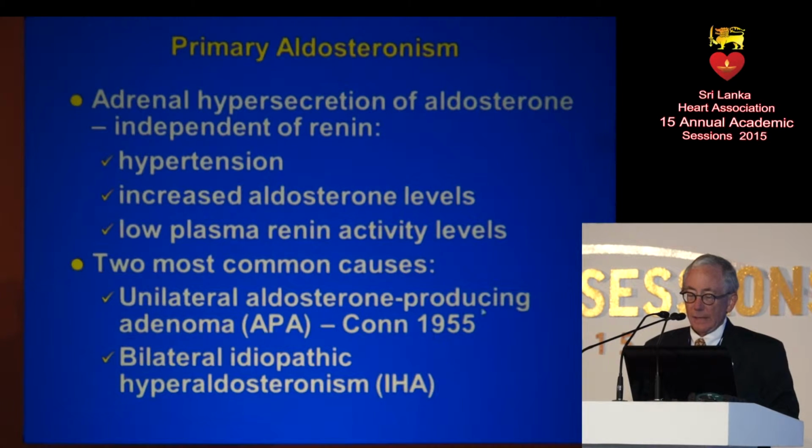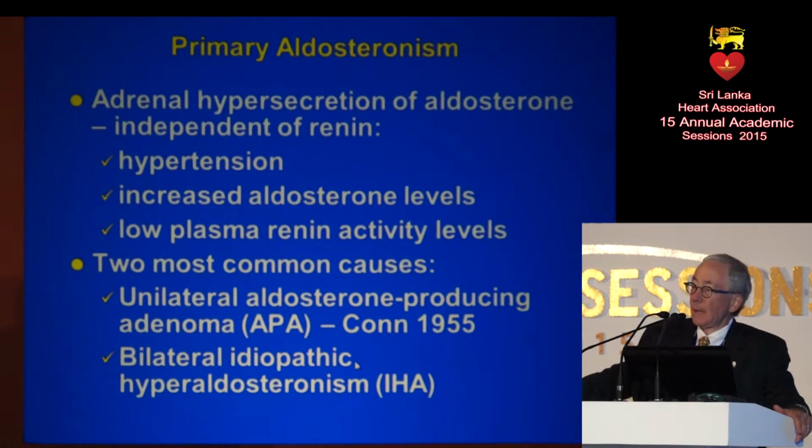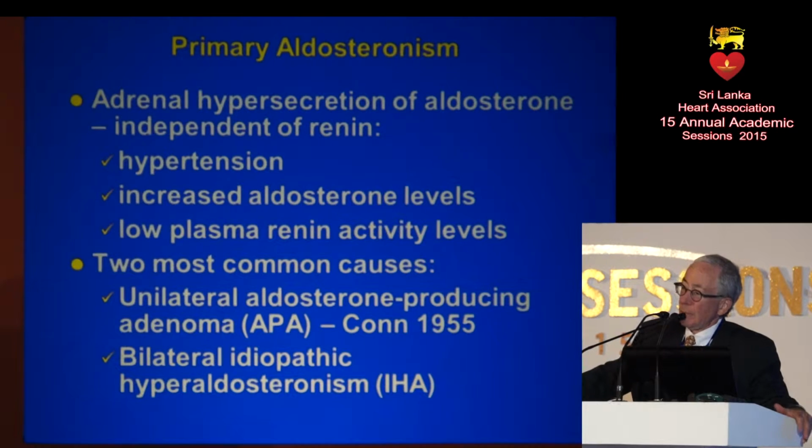And the reason I say that, it's easy to get imaging if you have an adenoma to find it and remove it. But probably what is more common is bilateral idiopathic hyperaldosteronism. And there's more and more data now to indicate that this can be related to a somatic mutation that we may acquire during our lifetime.